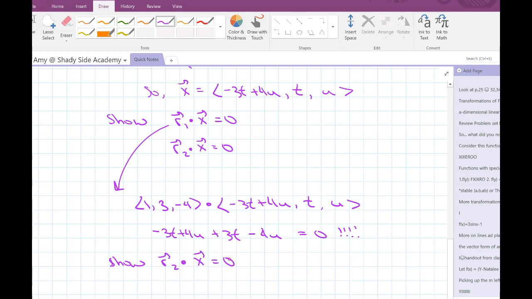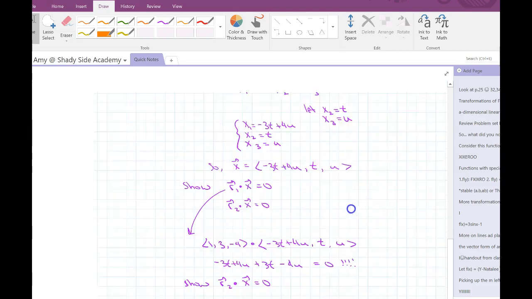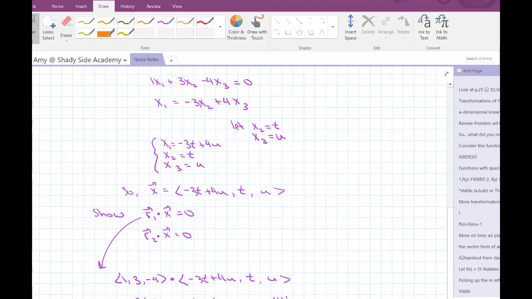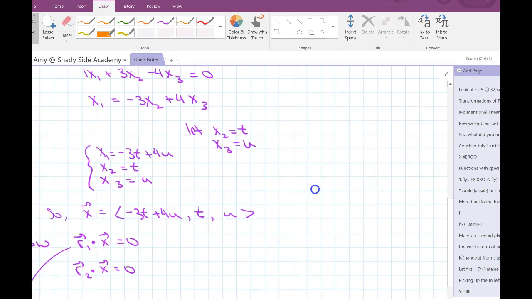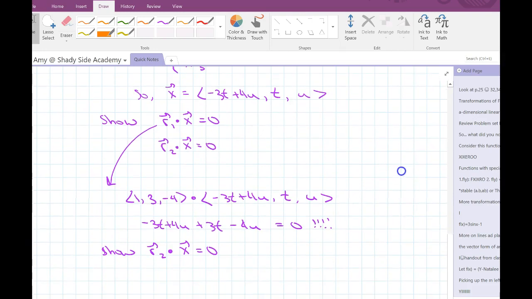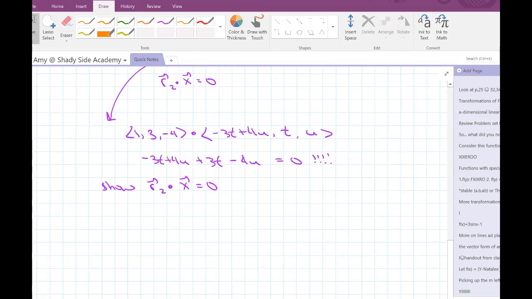Okay, so that was it today. I like this. It's just yet another window through which you can look at linear systems. If you really think about it, linear algebra is the study of all of the properties of linear systems.